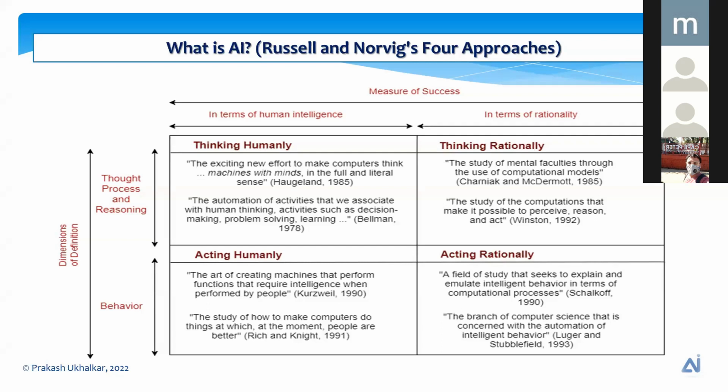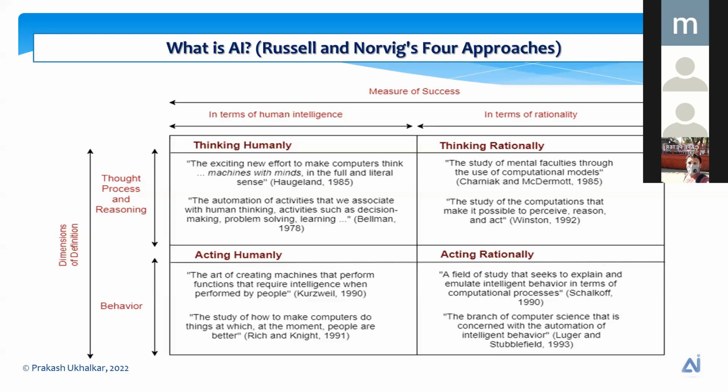They referred to eight different textbooks and understood how they defined AI. Russell and Norvig categorized these definitions into 4 parts. Basically, 2 of them are based on human intelligence, and 2 are based on rationality.